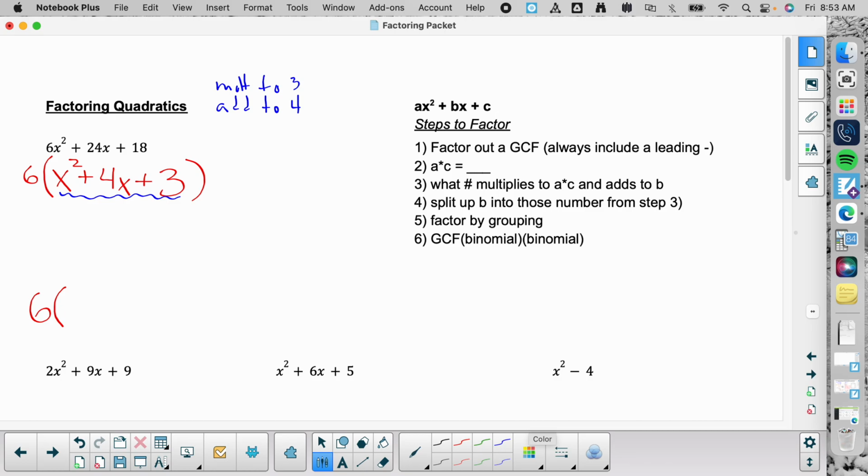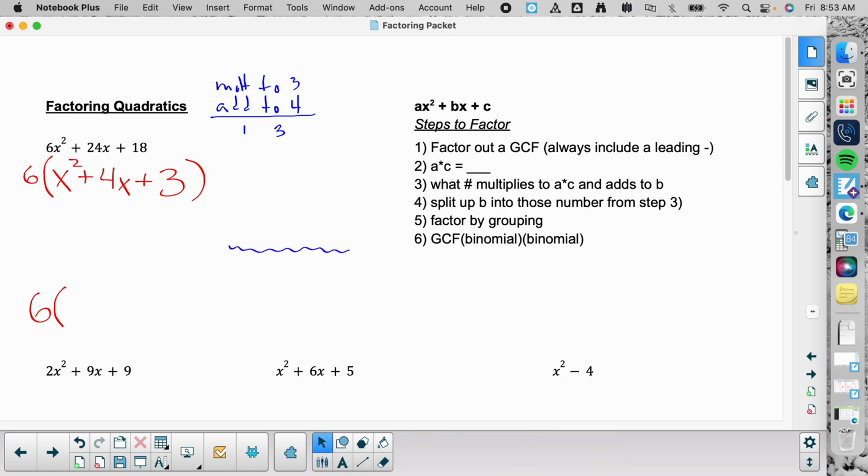There is only one choice, 1 and 3. Once you figure out that pair, we're gonna change the 4 into a 1 and a 3.